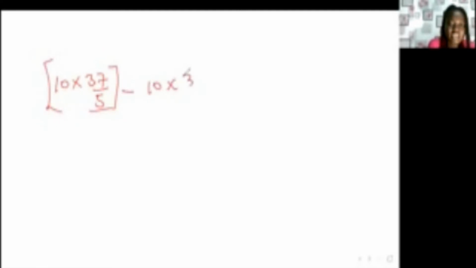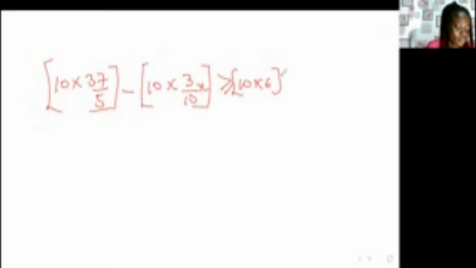We had 10 times 37 over 5 minus 10 times 3 over 10 greater than or equal to 10 times 6 minus 10 times 1 over 5x, also in brackets.